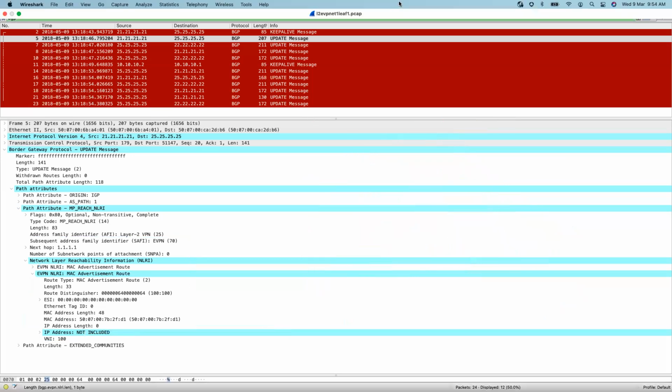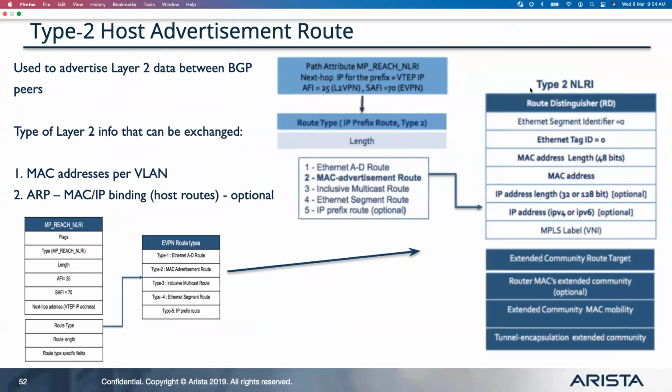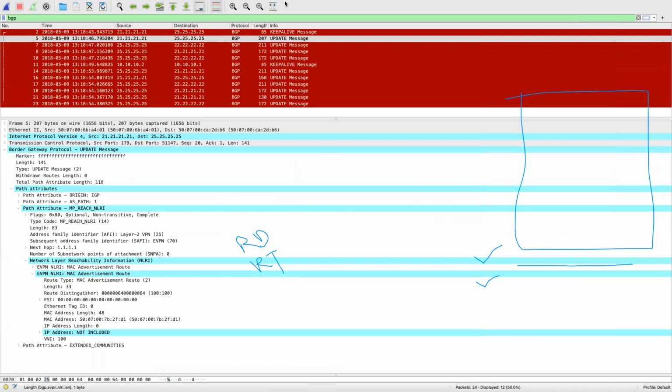So let's move on to this. We discussed all this. Now there are a few more fields in the type 2 update message. One is the extended community route target. As we already know, along with RD, we also send the RT, route target information, in the route update.